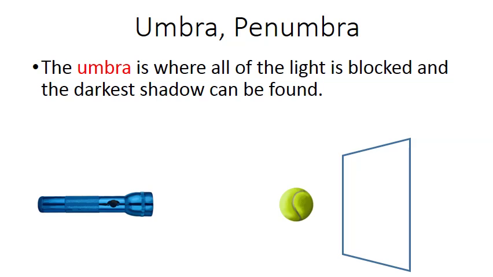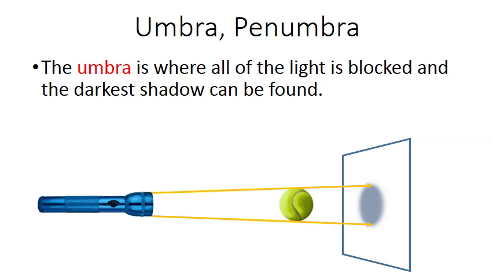Now we'll take a look at the difference between the umbra and the penumbra. The umbra is where all the light is blocked, and the darkest shadow can be found. So if you hear umbra, think umbrella, and how umbrellas block the rain. Well, the umbra is where the light is blocked, right behind that tennis ball. But the light that comes out of the flashlight isn't all coming out in a straight, perfect line, unless your flashlight is a laser.